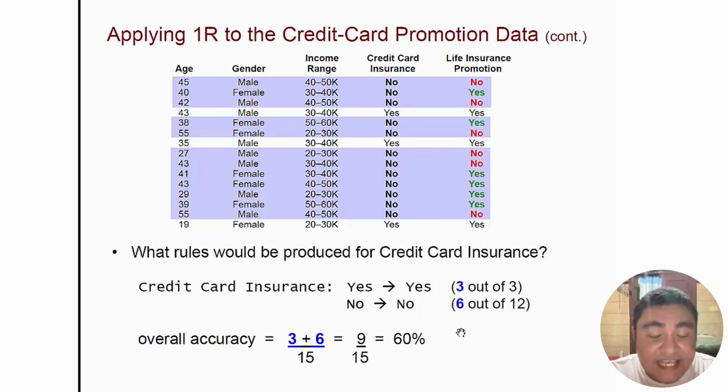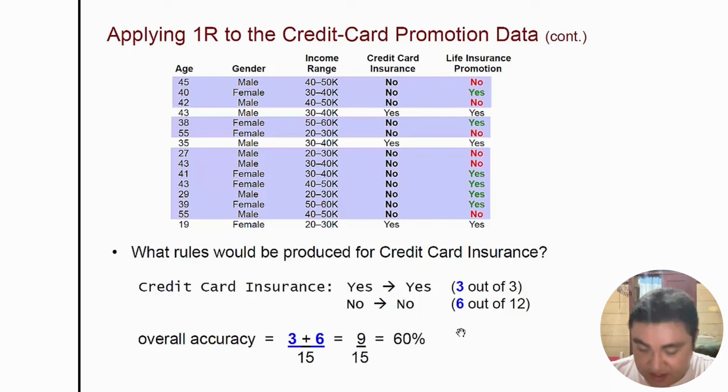So 3 plus 6 is 9, and 9 divided by 15 is a 60% accuracy rate for this kind of rule. That means if you test your unseen data using credit card insurance, most likely 60% of the predictions will be correct.